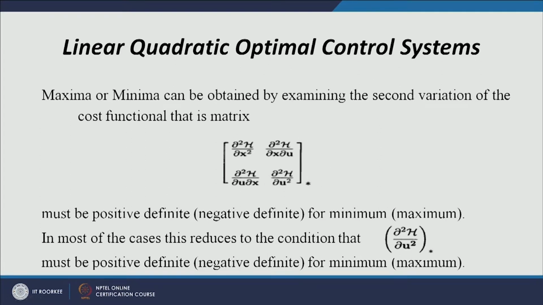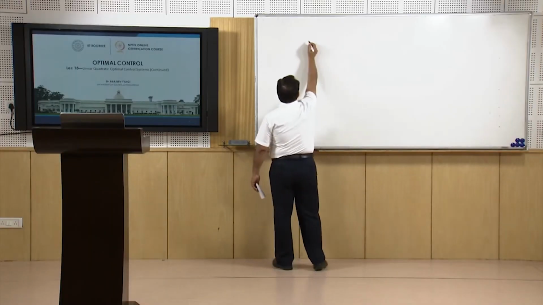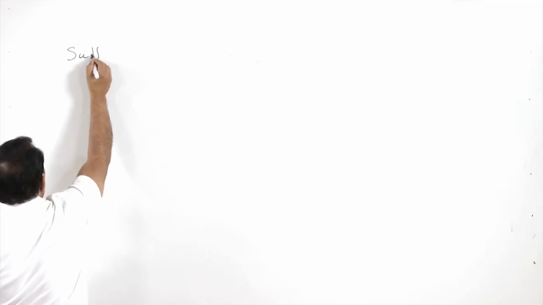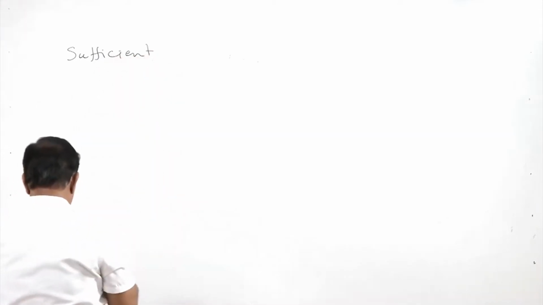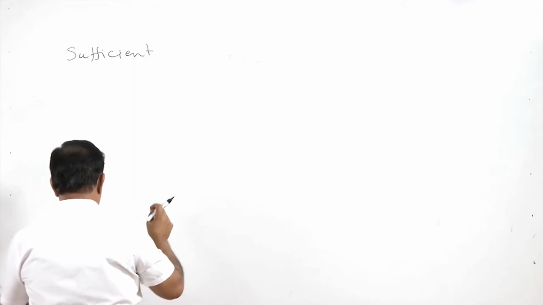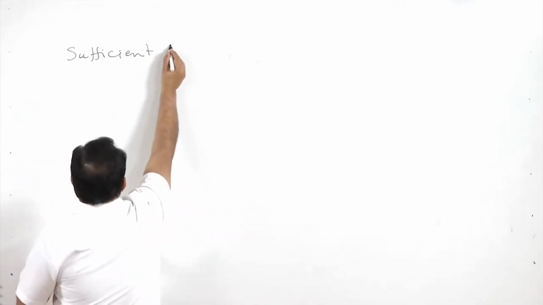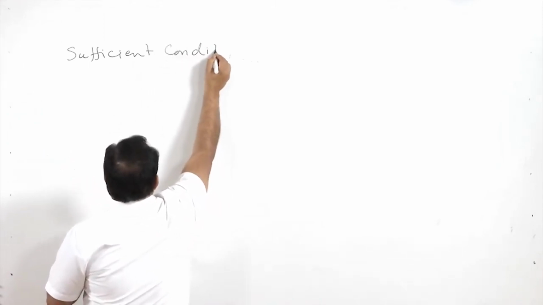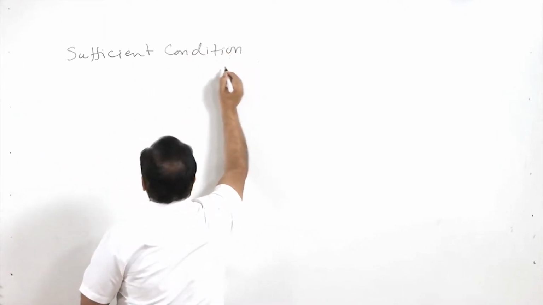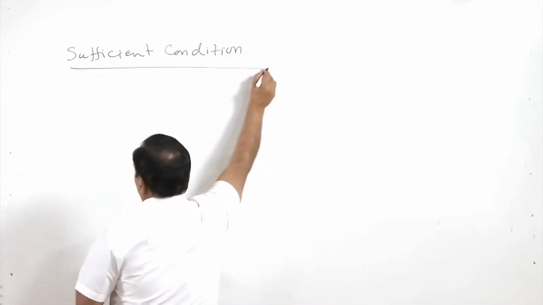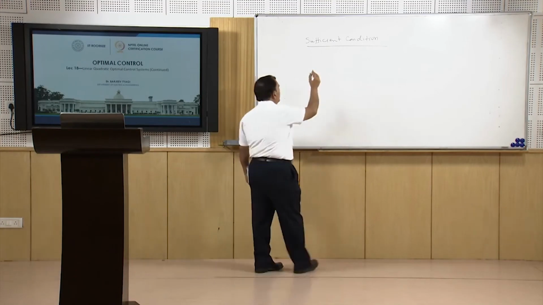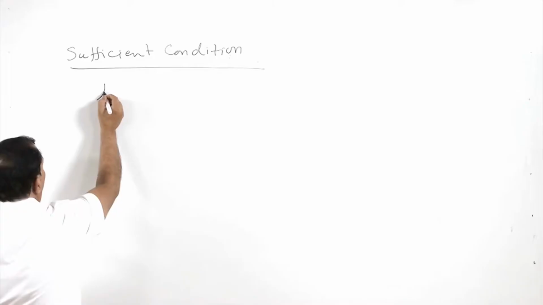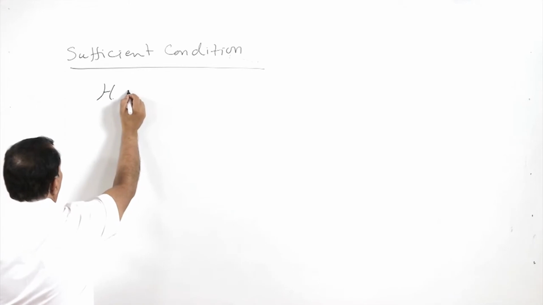So, for minima, if we have this, we will have the sufficient condition. To get my sufficient condition, first of all I have to write my H.